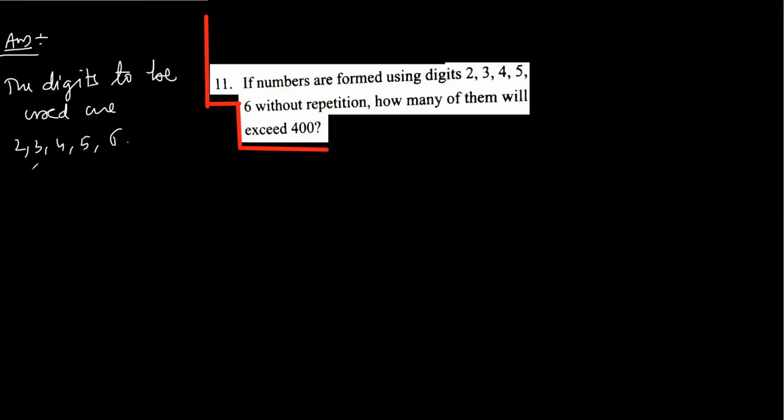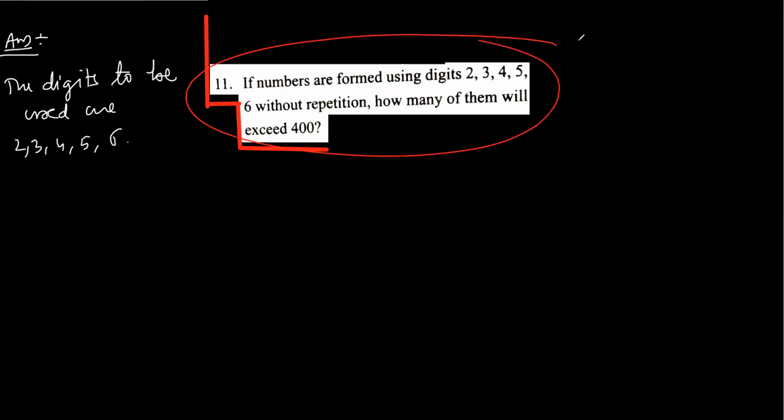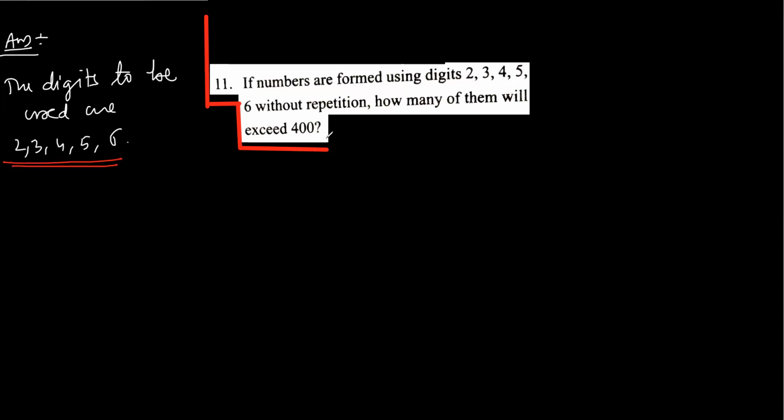Okay, students, in all such questions, what I have asked you, that you have to consider yourself in the center. That is, it is you who is going to do this work. Okay, what is the work? The work is you will use these digits and you have to make a number which is greater than 400.